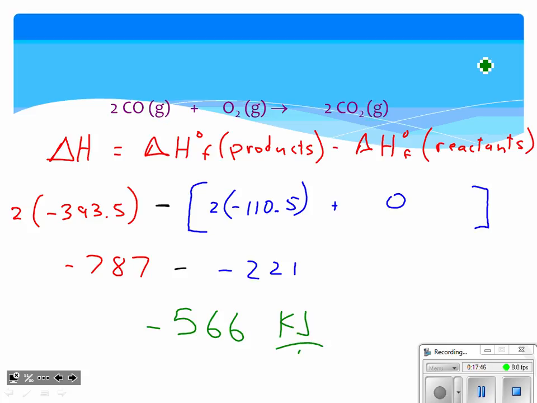Kilojoules per mole. Correct? And since that value is a negative value, what does that tell you? It is an exothermic reaction, so heat will be given off, released.